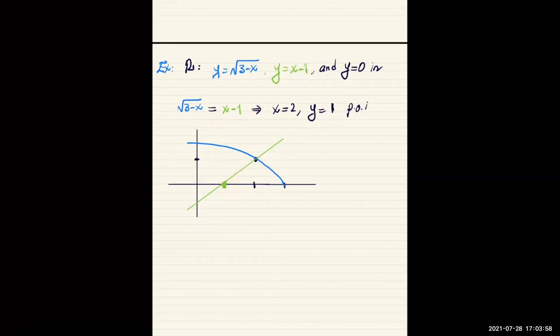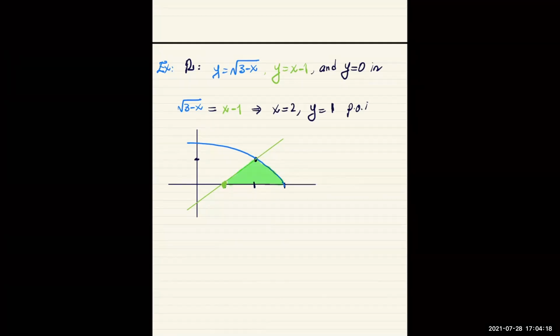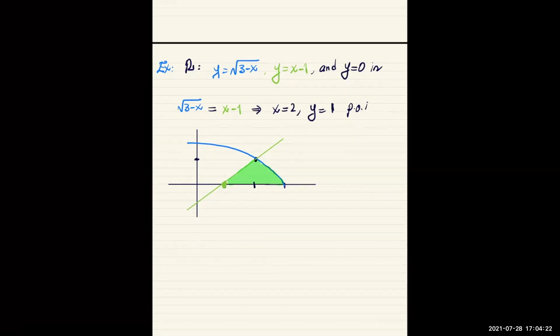Hold on, guys. All right, so let me shade. Sorry, I'm not sure about that. All right, what's the issue with this region?